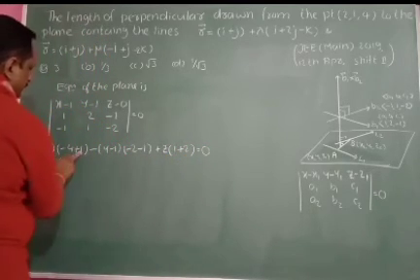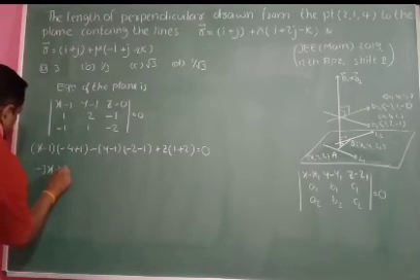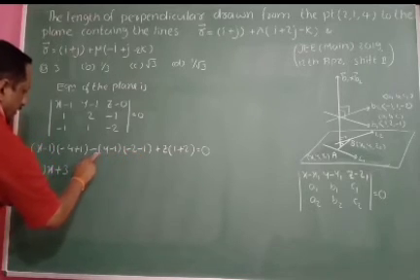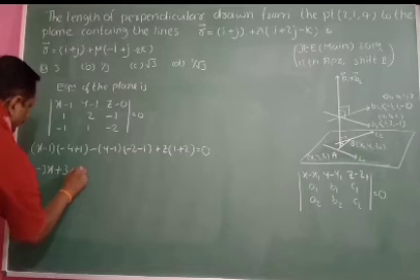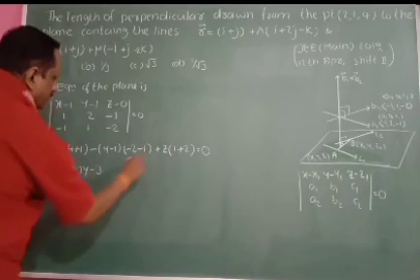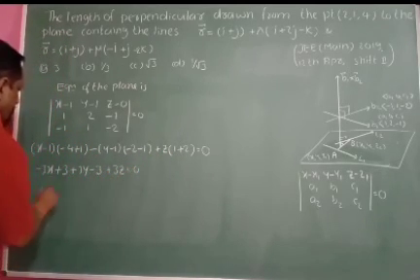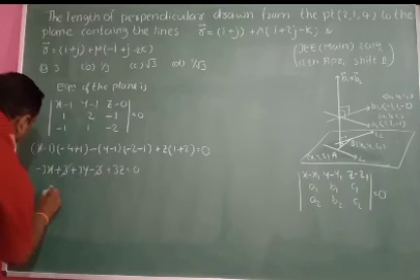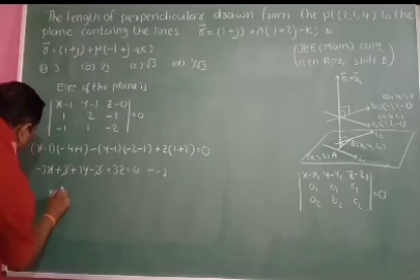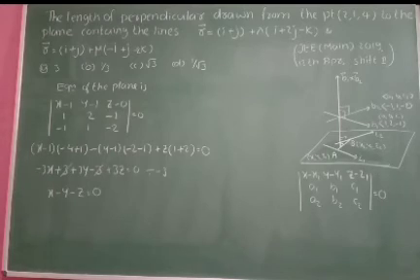Minus 4 plus 1 is minus 3, so minus 3x plus 3x. Then minus 2 minus 1 is minus 3, so plus 3y minus 3x. Then 3 into z becomes 3z, equal to 0. Dividing both sides by minus 3, it gives x minus y minus z equal to 0.